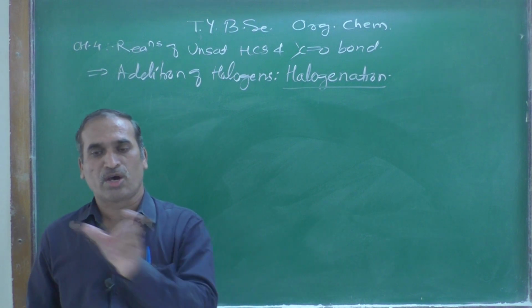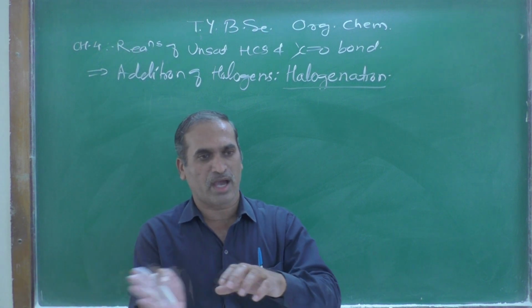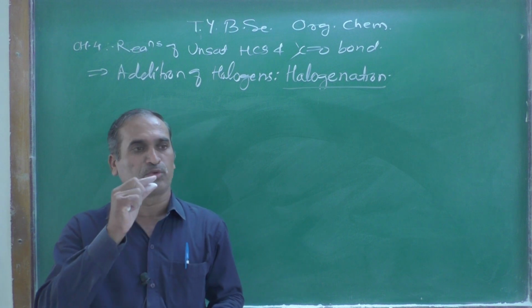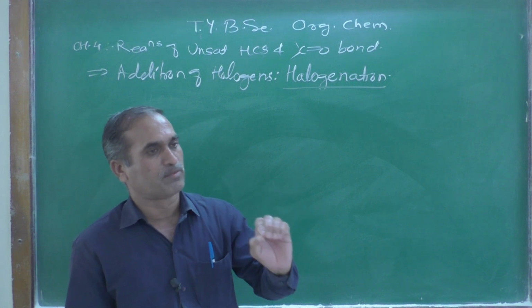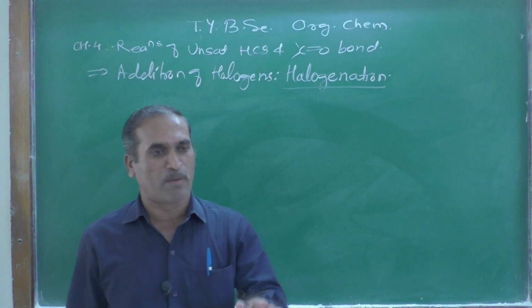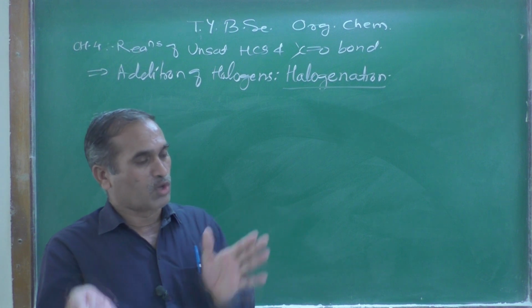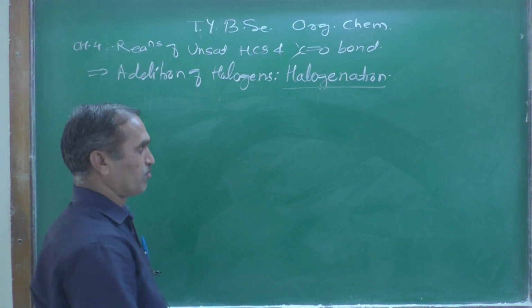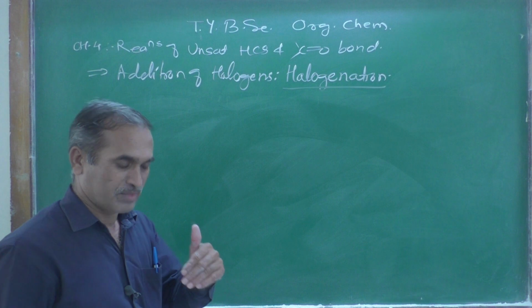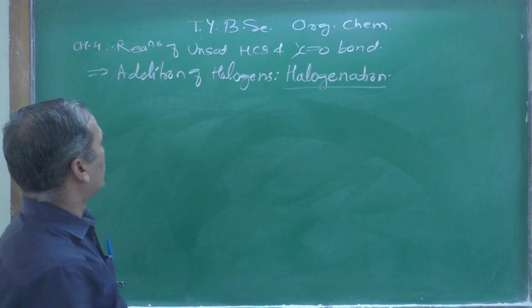Because in organic chemistry, when the reaction takes place, it proceeds via some short-lived intermediate, and that intermediate further collapses into the product. So let us see a suitable example.